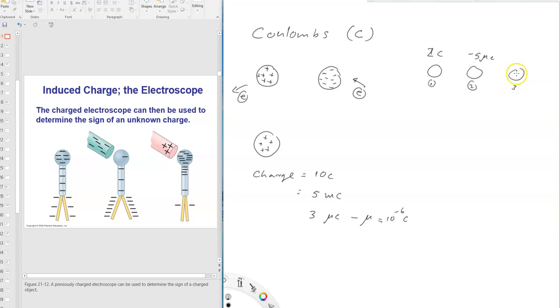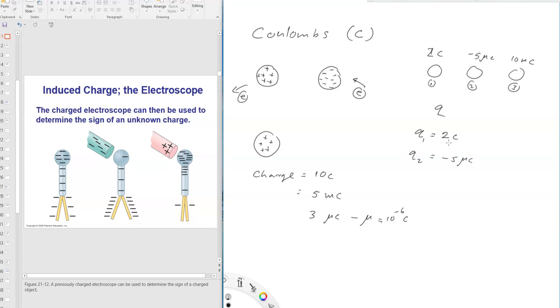Here's charge number 3 with 10 millicoulombs. The letter symbol we use to indicate charge is Q. So we can say Q1 is 2 coulombs, Q2 is negative 5 microcoulombs, and so on.